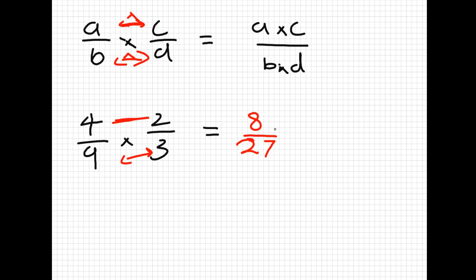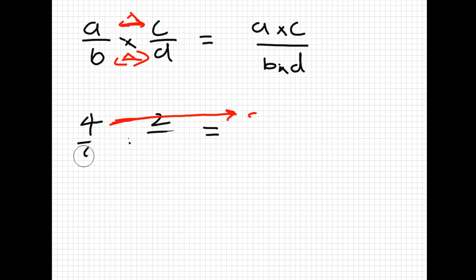So just remember, with multiplying, it doesn't matter what the numbers are, you can just multiply them in whatever form they're presented in. So top numbers multiplied together, bottom numbers multiplied together. That's it.